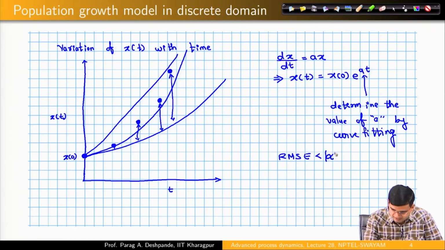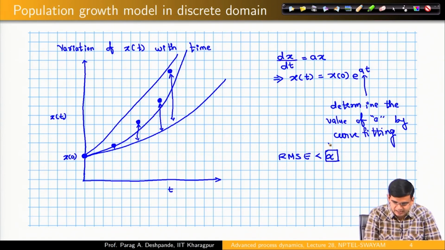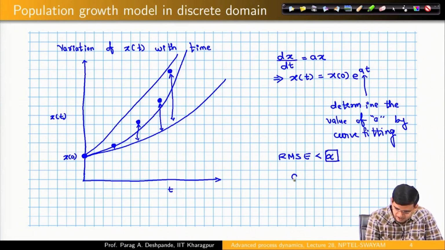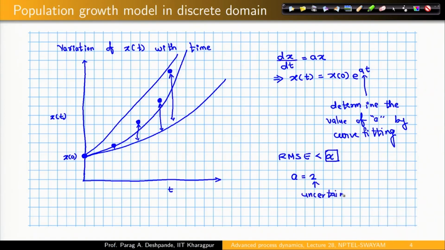Now, this alpha is determined by the user itself, which means that how accurately you would like to determine the value of a, which means that if I determine the value of a as 2, then there is going to be an uncertainty into itself, which means that a would be 2 plus or minus some quantity, say beta, right.